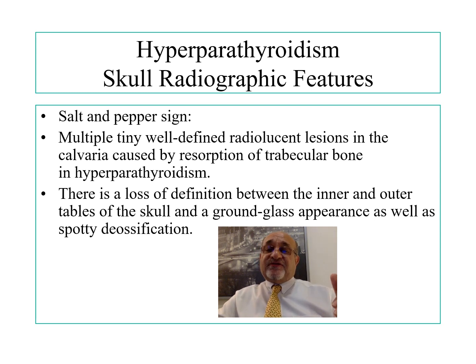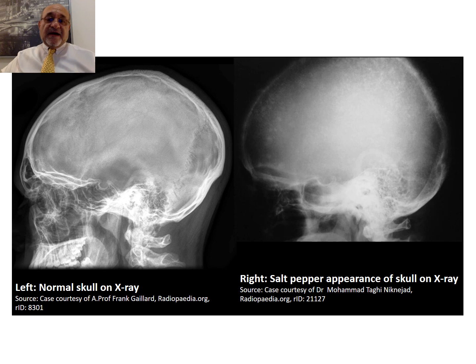And there is a loss of definition between the inner and the outer tables of the skull, and the ground glass appearance, as well as the spotty dissociation or deossification. Now, if you see here the skull, this is a lateral skull radiograph. You can see that the plates of the skull are thick and well defined, and you can find the calvaria very clear in between them.